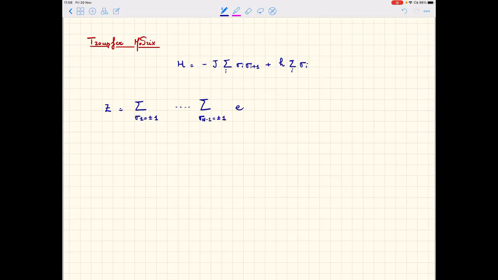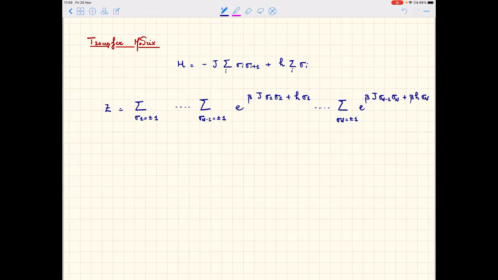So we'll have e to the beta J sigma 1 sigma 2 plus H sigma 1, and then whatever, and then we sum explicitly over the last spin: e to the beta J sigma n minus 1 sigma n plus beta H sigma n.